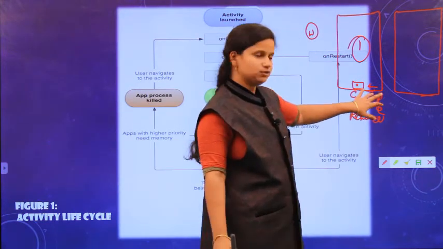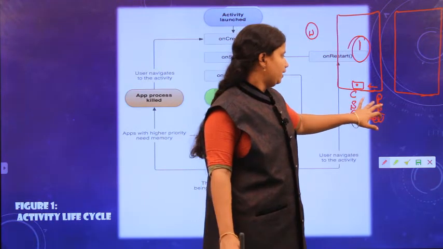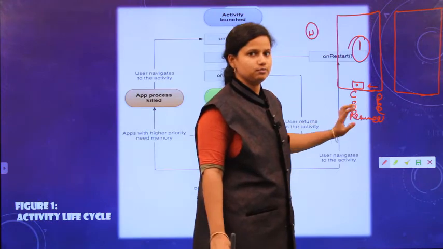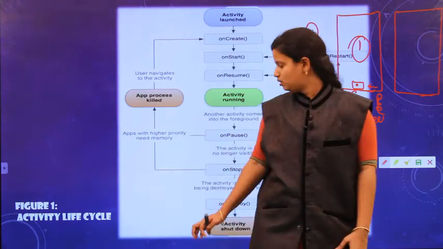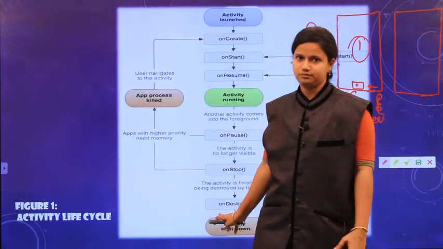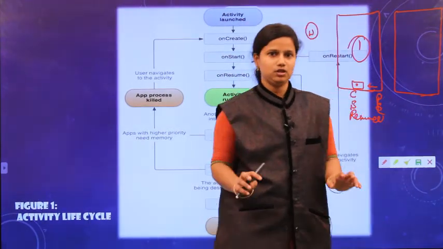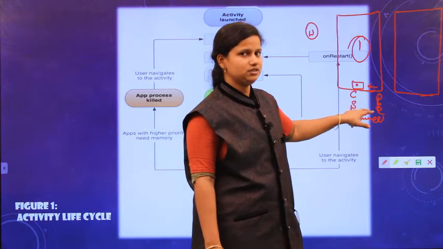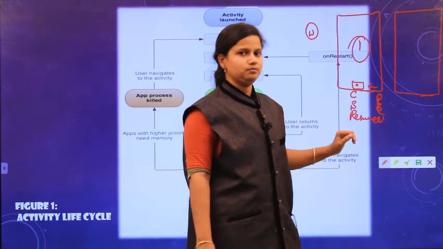That means it will pause your activity for some time, and it is not visible to the user, so it calls on stop. Only two methods. It will not call the on destroy method. Only pause and stop methods are called.